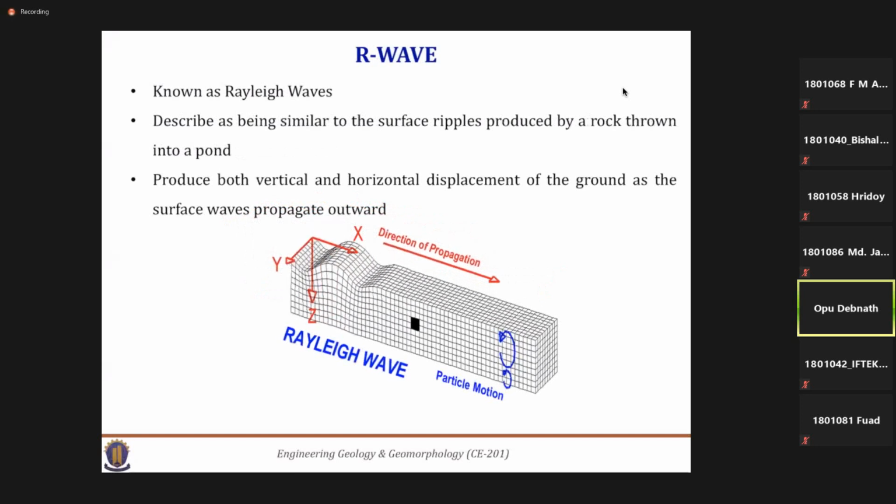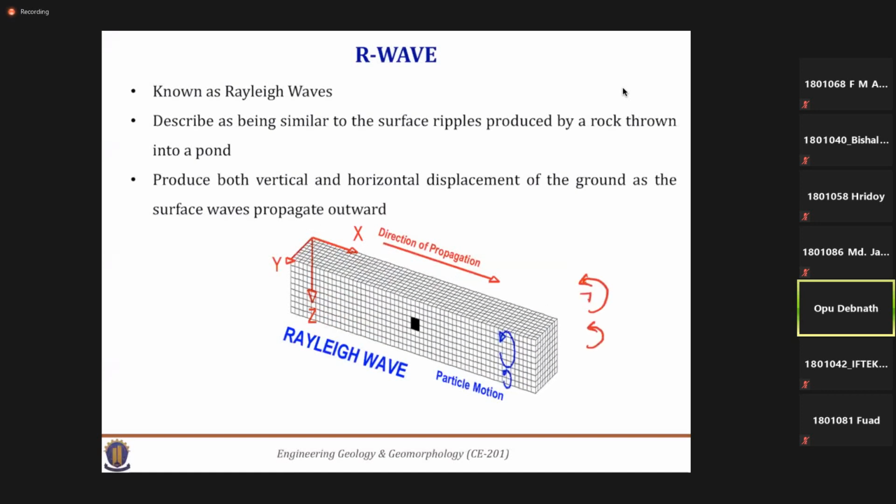That means if you drop a piece of rock in a pond or river, or any stagnant water, what will happen? It will face these types of motion, and the particles will face something like torsional motion.